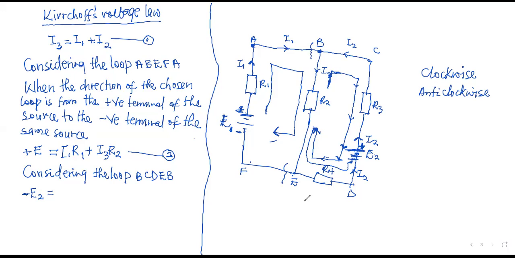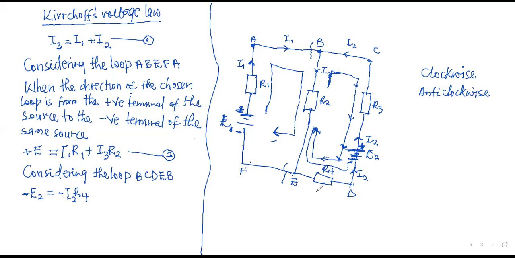Because the direction of flow of current is opposite to the direction of the chosen loop. Thank you. So minus I2 times R4, because the direction of I2 is against the direction of the chosen loop.